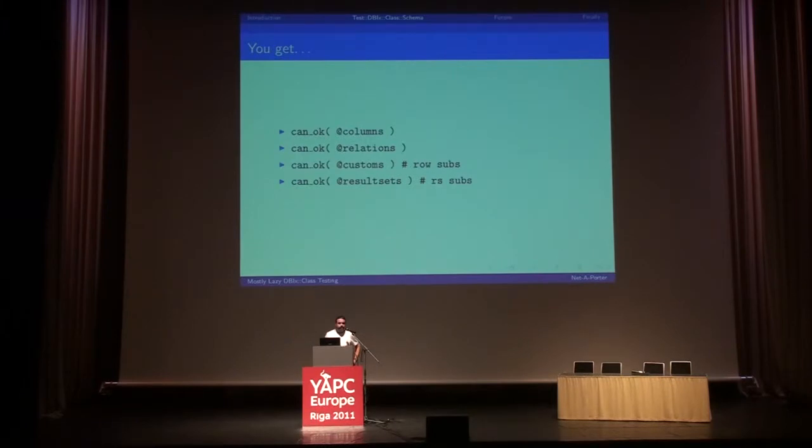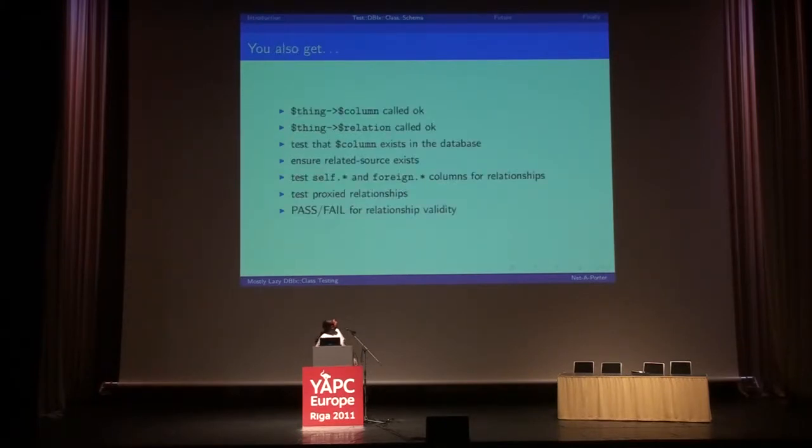So, what does the module give you? As I mentioned before, I was bored of typing lots and lots of can type tests. So you get can tests for everything that you've declared as a method you're interested in. I might rename the last 2 to something more useful, but I'm probably the only person using it, so it's a bit bad.